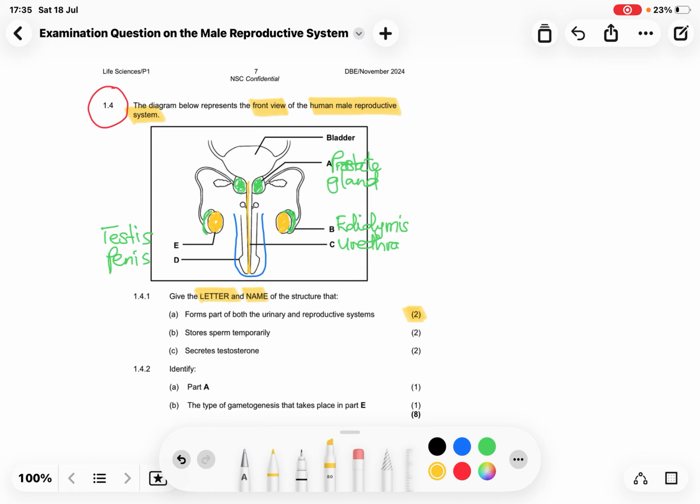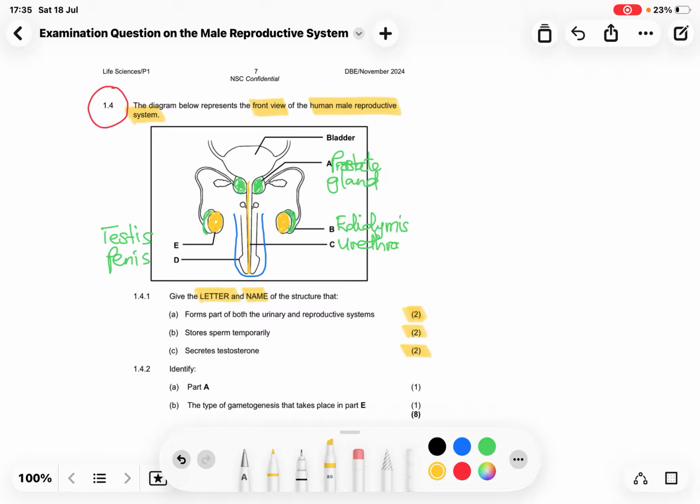And also highlight the mark allocation because it also guides you in terms of how much you are supposed to provide for your answer, so that you are constantly reminded of what you are supposed to be doing.